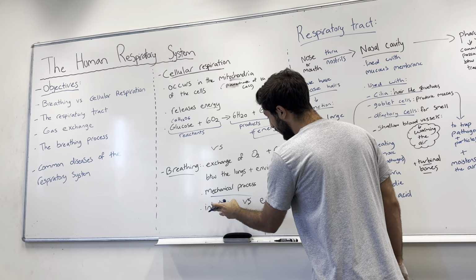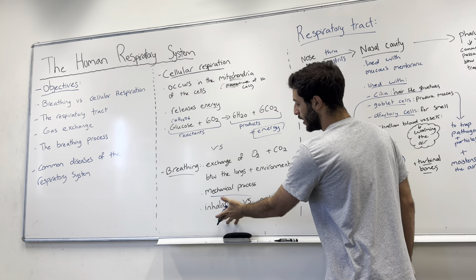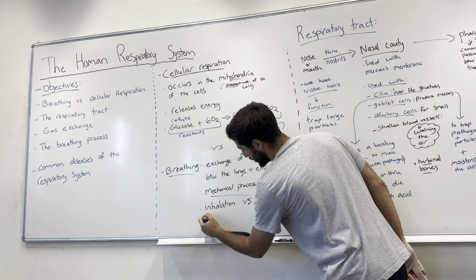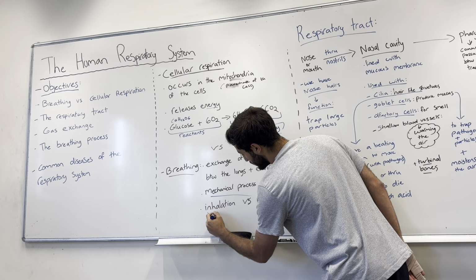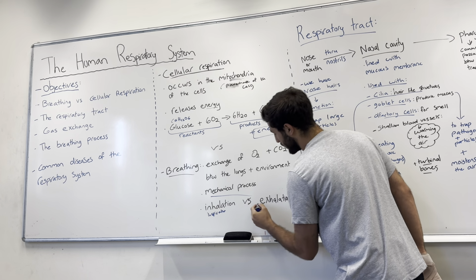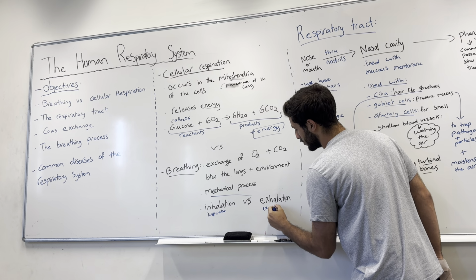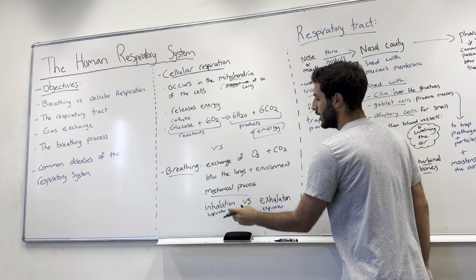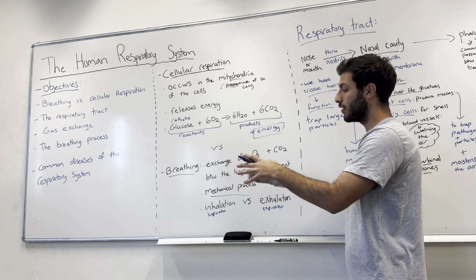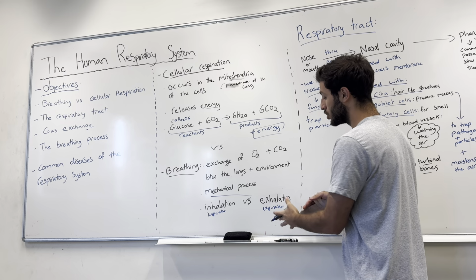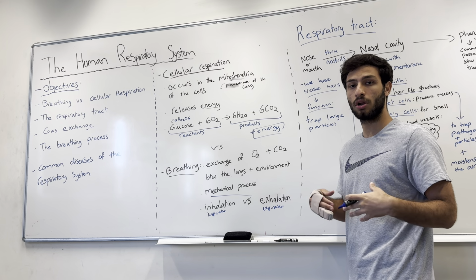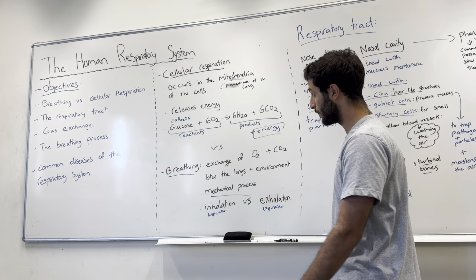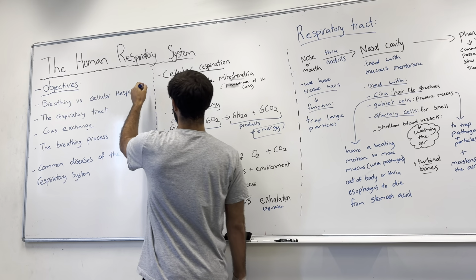Finally, we have two terms that we must know: inhalation versus exhalation, or inspiration versus expiration. Inhalation is when we inhale from the environment into our lungs. Exhalation is the opposite, so we go from the lungs to the environment. So we're done with our first objective.